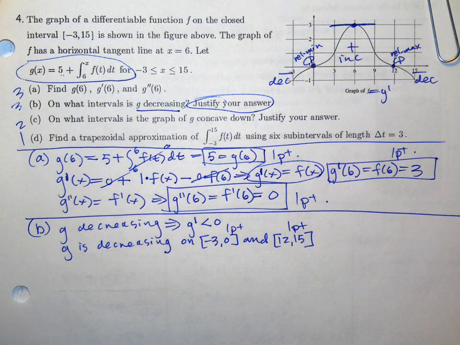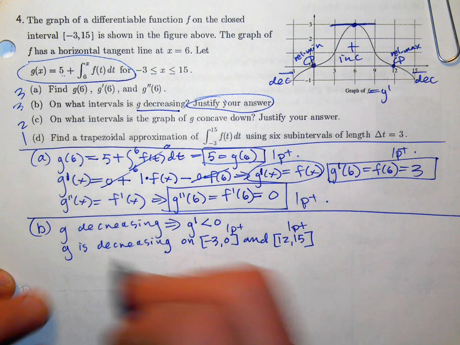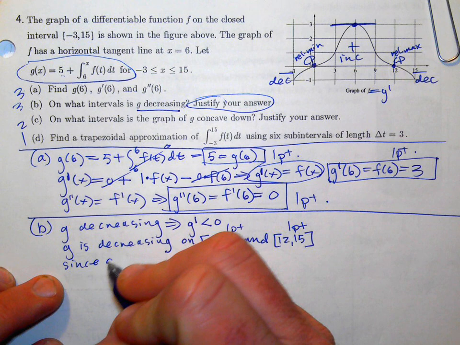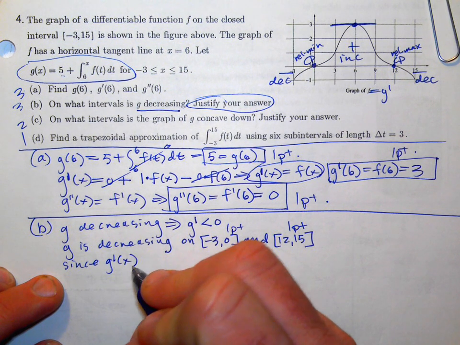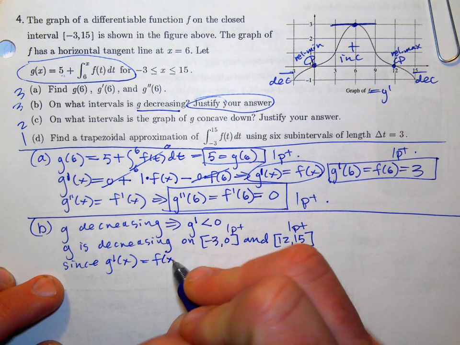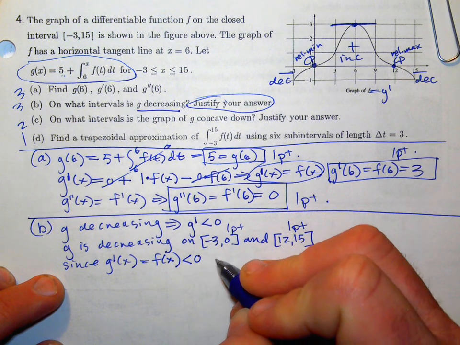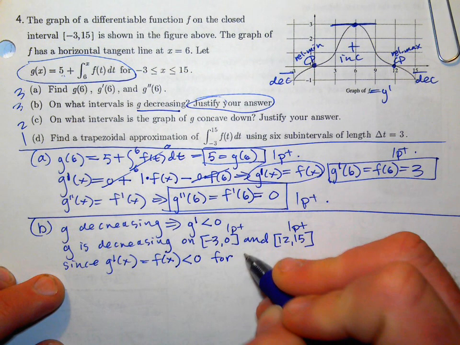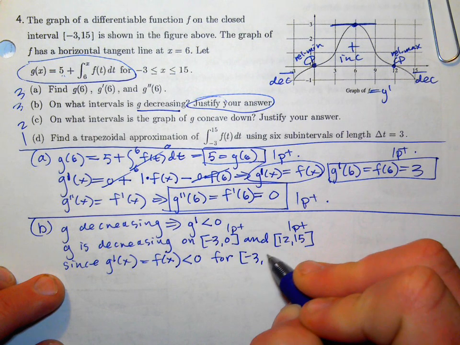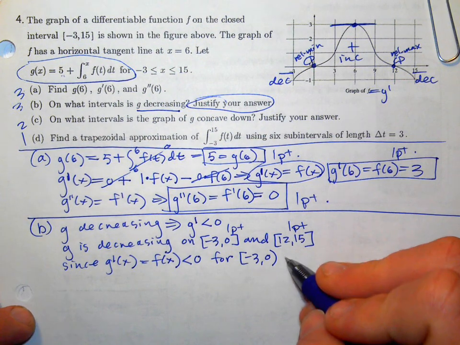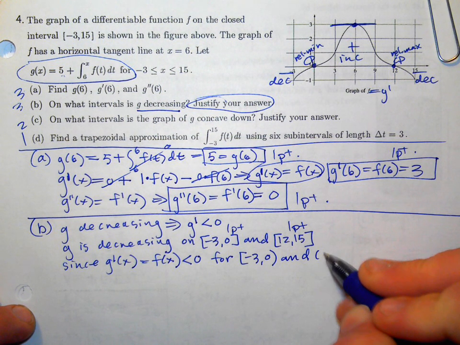And don't just say because of this. You want to say, since g prime of x, which equals f of x, is negative for those intervals, -3 to 0, don't include 0 because it's actually 0 there, and 12 to 15.